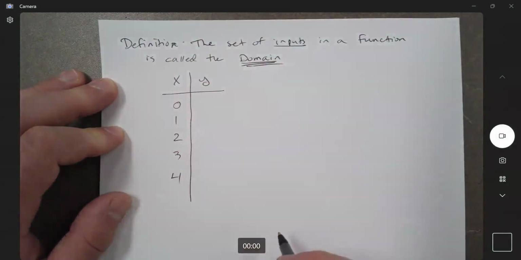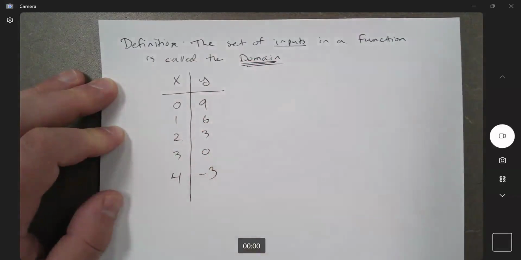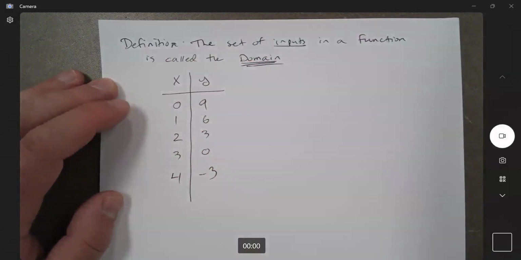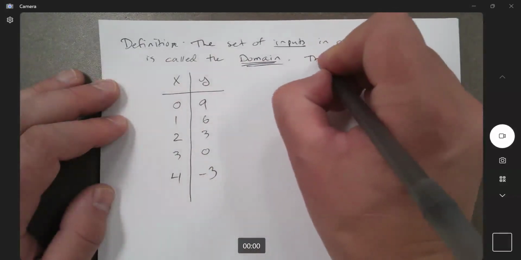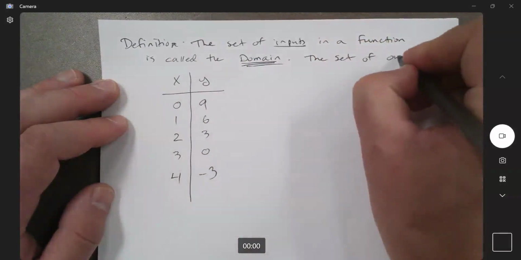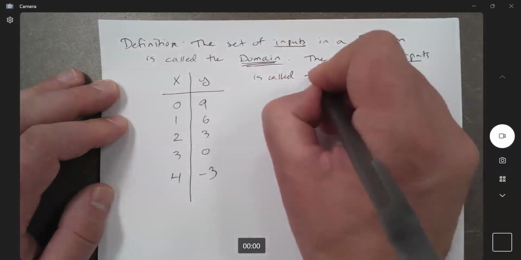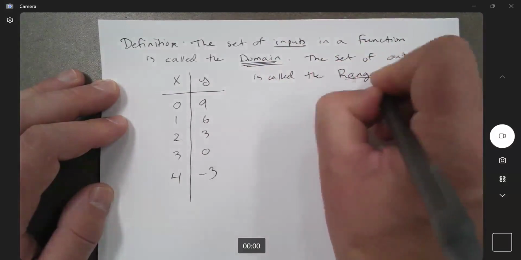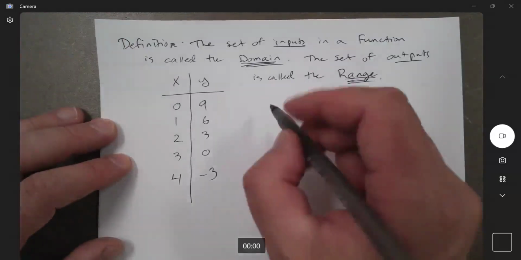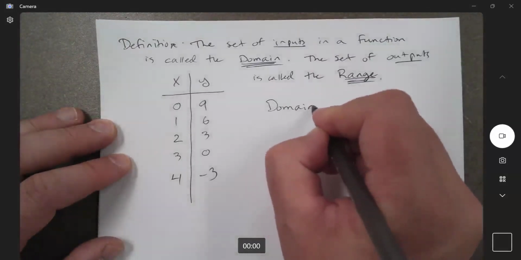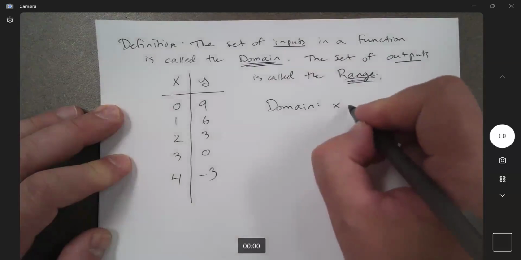Let's go back to that function I used, where my x's are 0, 1, 2, 3, and 4, and my y's are 9, 6, 3, 0, and -3. The set of outputs is called the range. So in this function, represented by a table, the domain are the numbers.